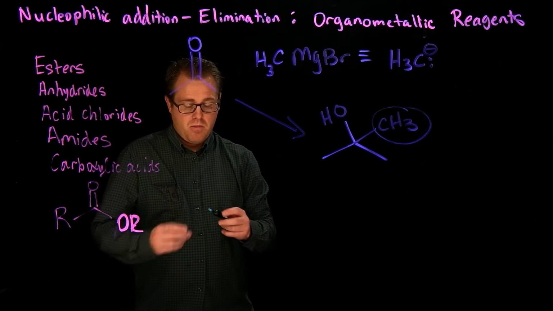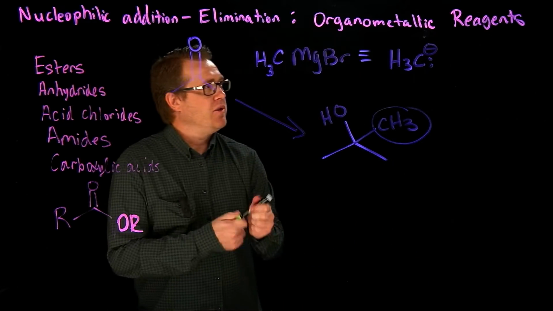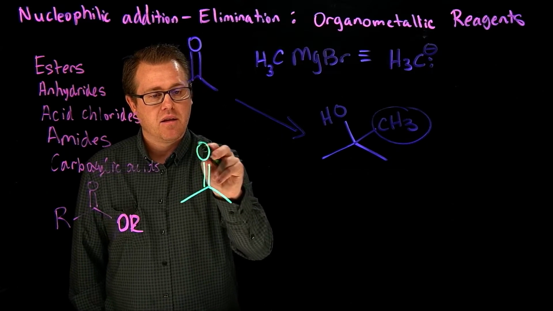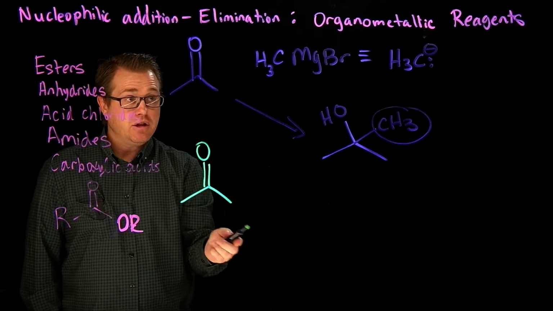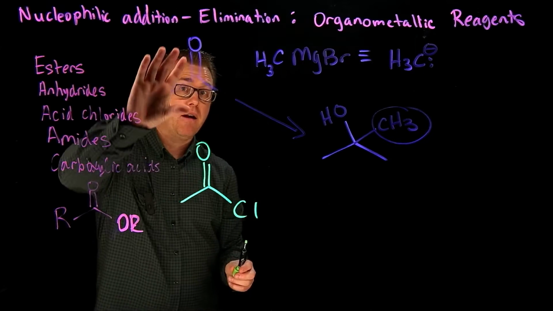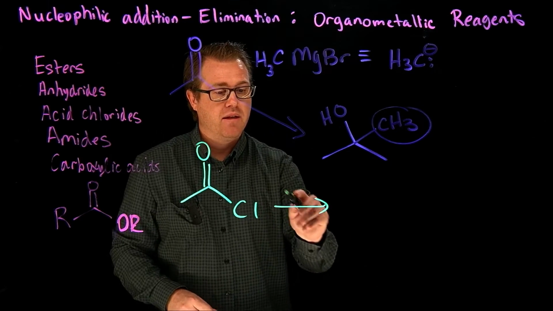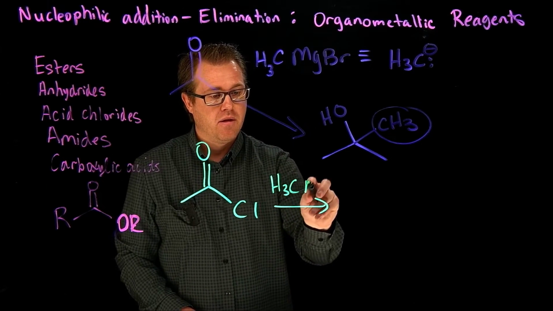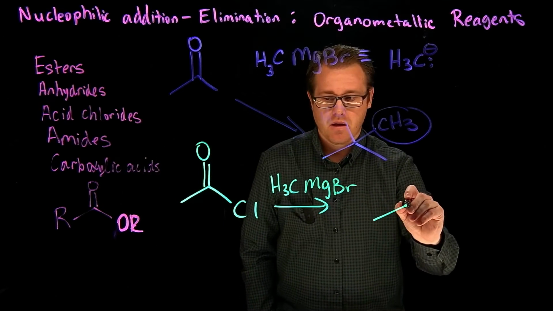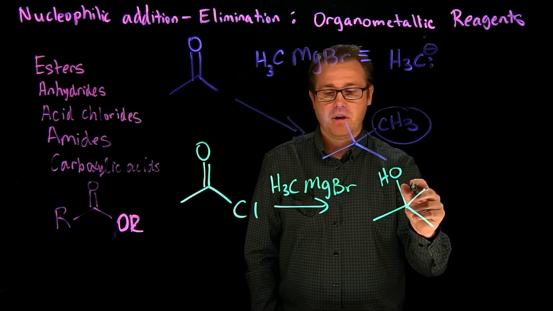All right? But now compare and contrast. The blue marker's not showing up the best, is it? Let's try this one. What if I change that ketone into, let's say, an acid chloride? Or not turn it into, let's just compare a ketone versus an acid chloride right there. And we treat that with a Grignard. Look at the difference here. We still generate an alcohol, but look at what we added.